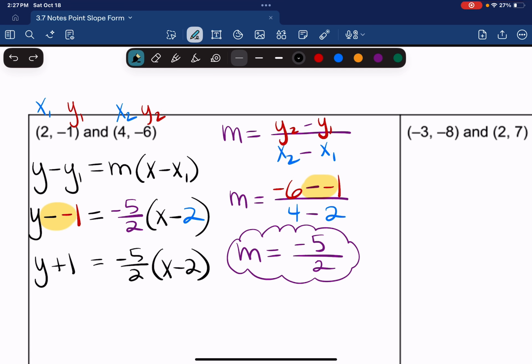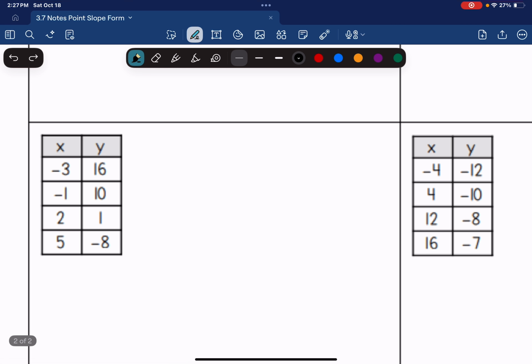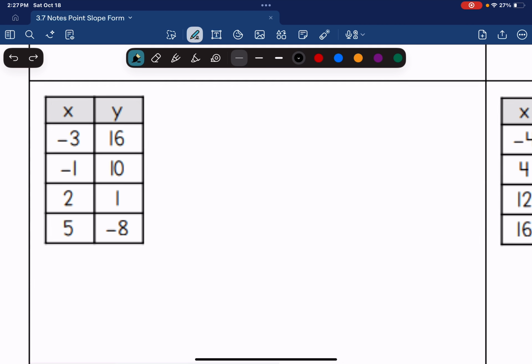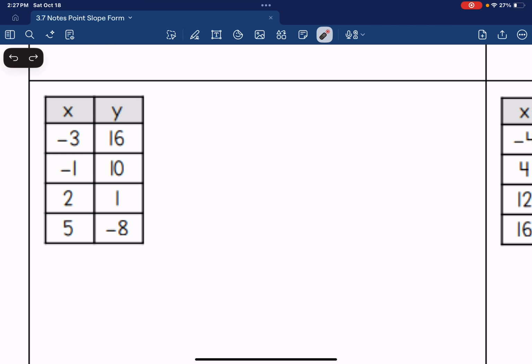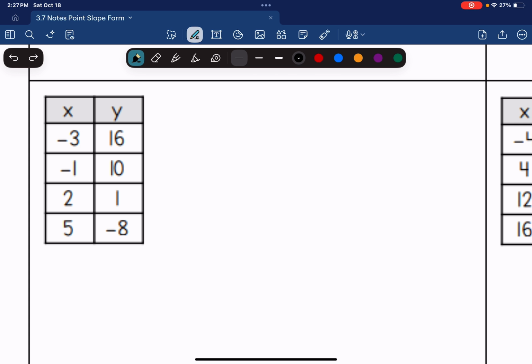All right, so let's look at a table of values. Now you might prefer having this information a little bit more because we have multiple points to choose from. So if we know ahead of time that this is a linear relationship and not a quadratic or something different, we can just use our rise over run method or the change in y over change in x. So again, our slope is going to equal some fractional value, the change in y over the change in x.